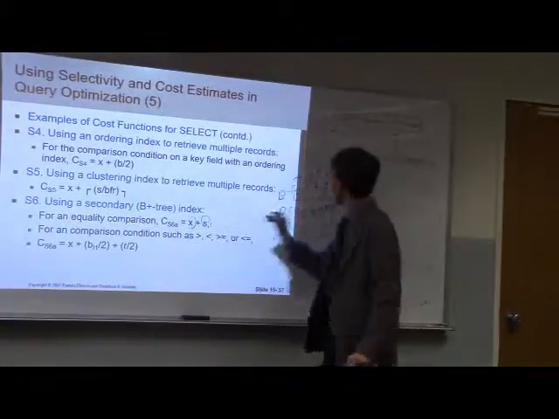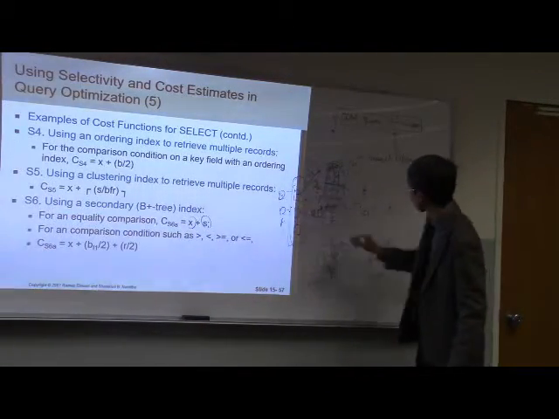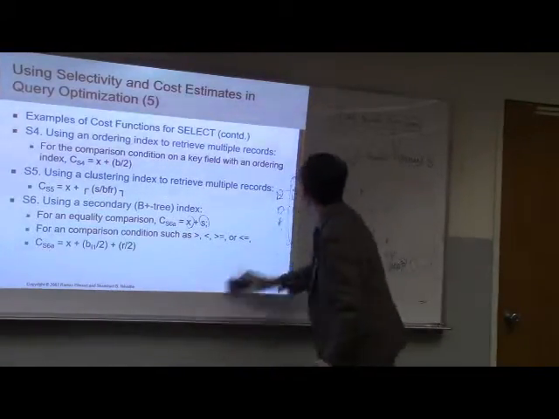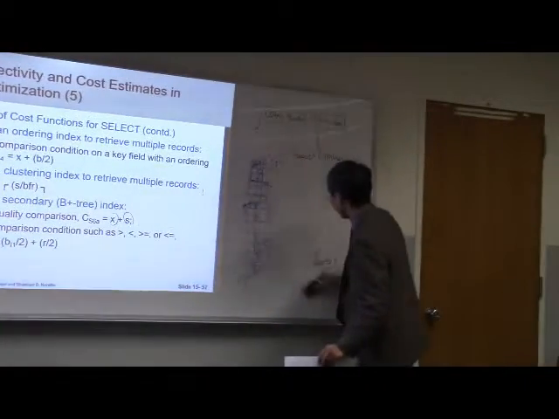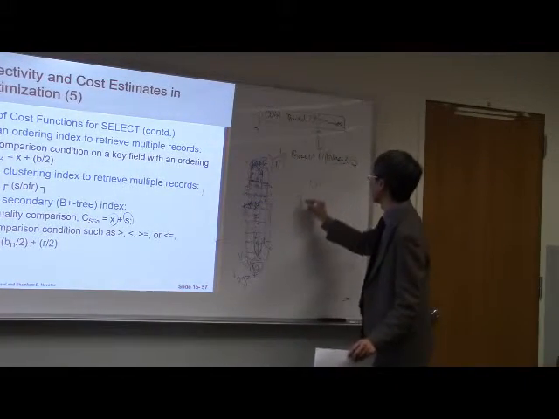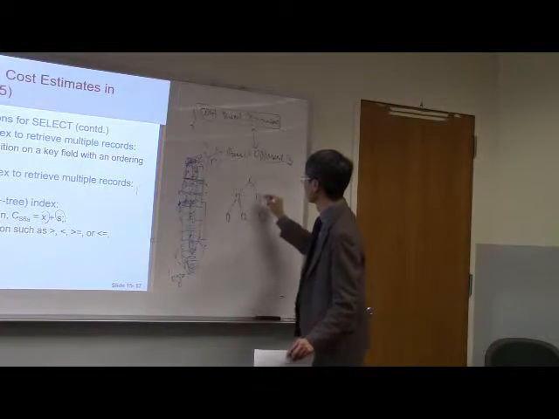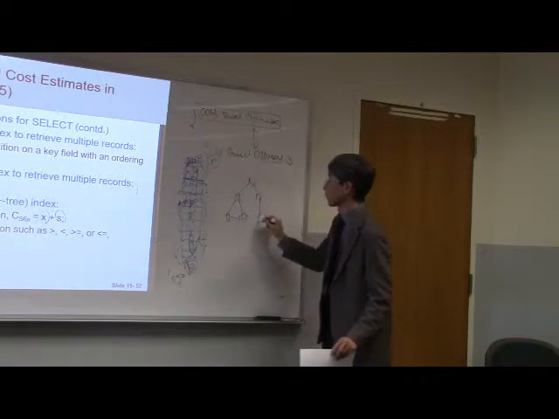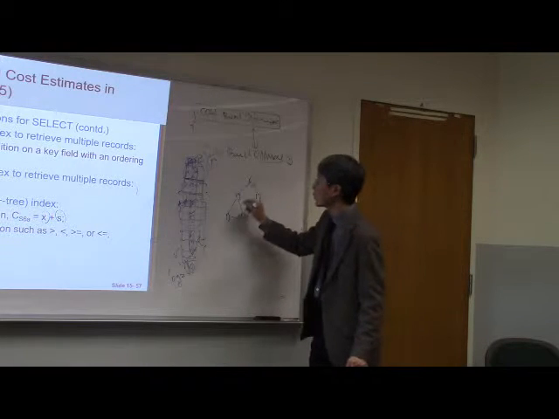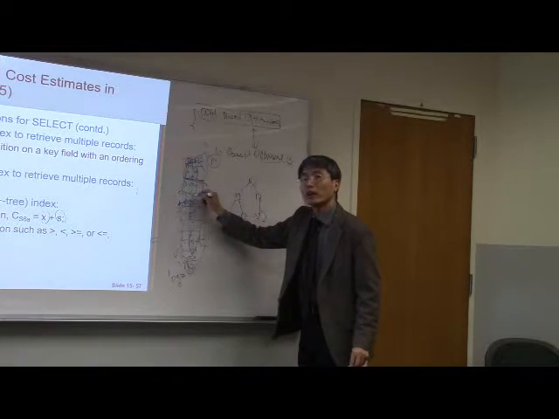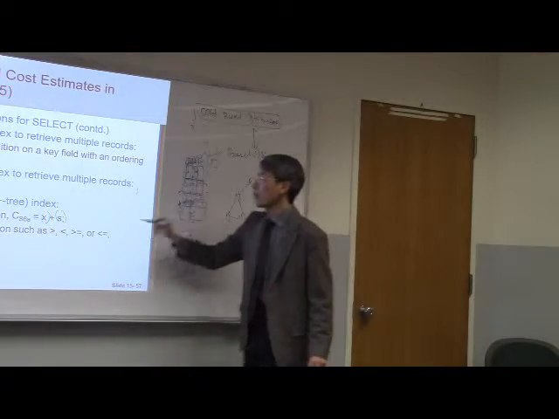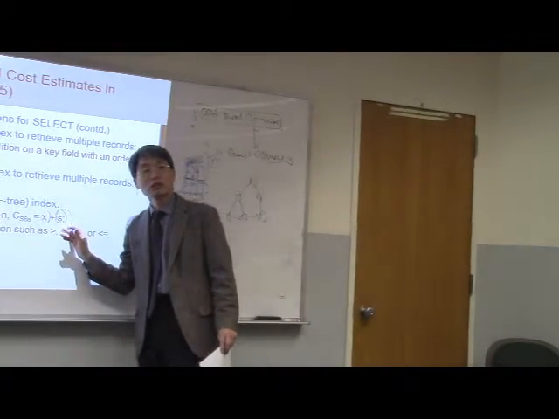How many? X. Then plus S means we need to, for example, we have the B+ tree here. Sibling pointer. Then 1, 2, 3, access the data, depending on the selectivity.